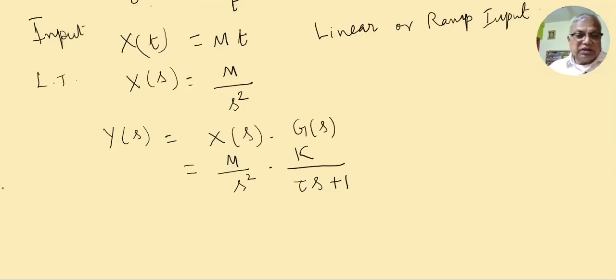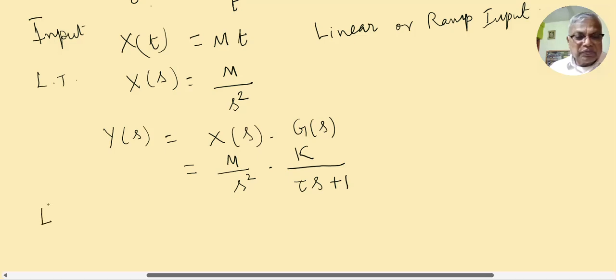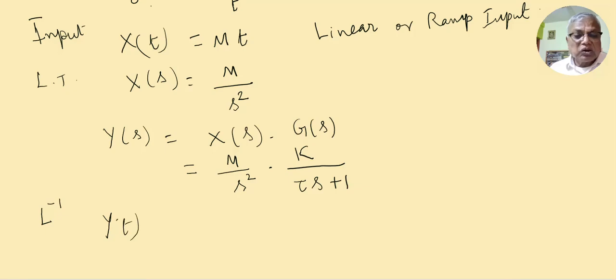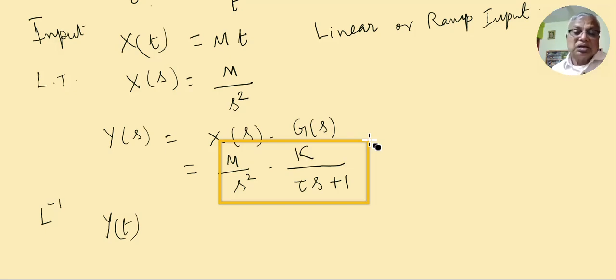Now if you take inverse Laplace, you're going to get y of t. So what is the inverse Laplace of 1 by s square into tau s plus 1?